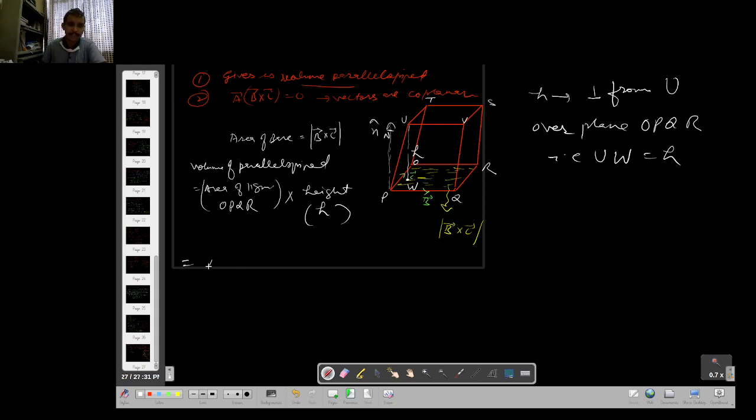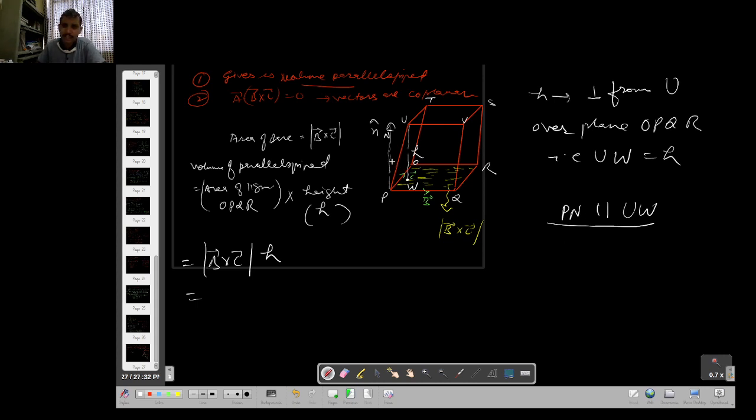So that means B cross C gives us the area of this, and this is the height, and let us call it h. Now since this N is perpendicular, and U is also perpendicular, that means PN is parallel to UW from this diagram.